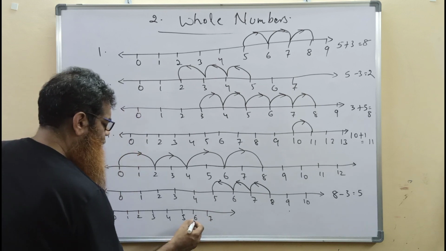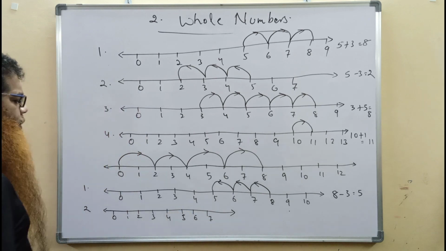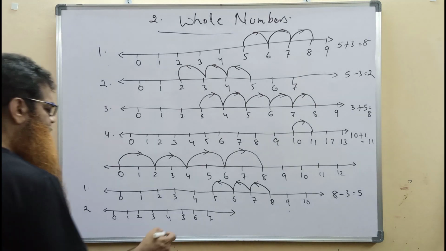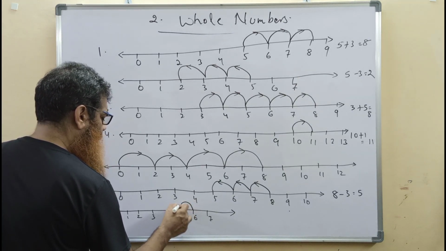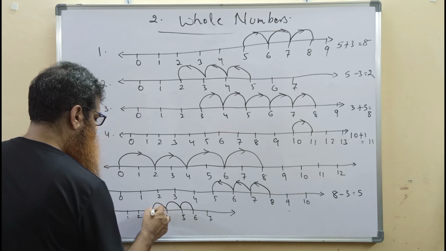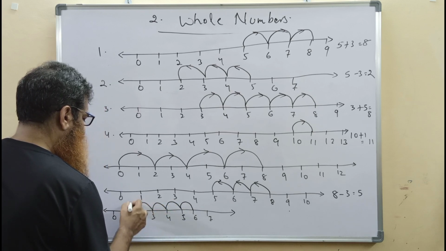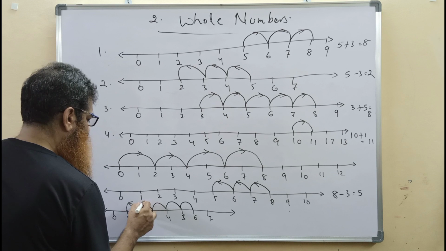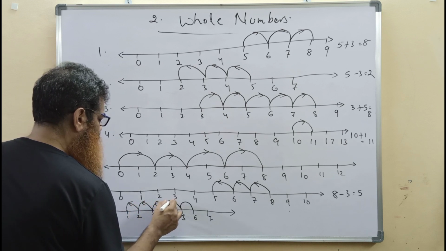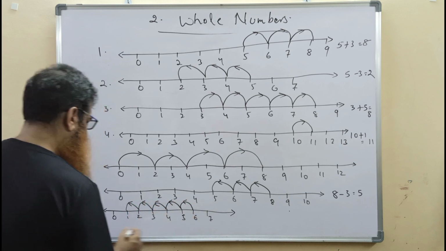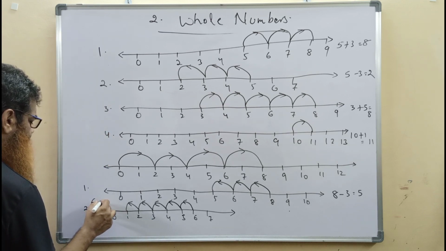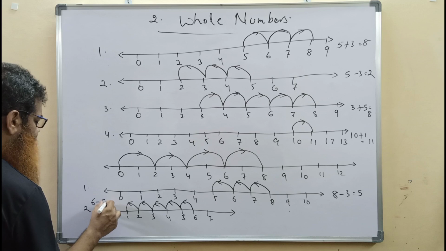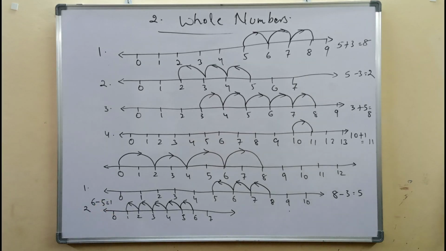So we wanted to know what number should be deducted from 6 to get to 1. Beginning from 6, 1, 2, 3, 4, 5. So 5 must be deducted from 6 to get to 1. So we can understand we need to deduct 5 from 6 to come to 1.